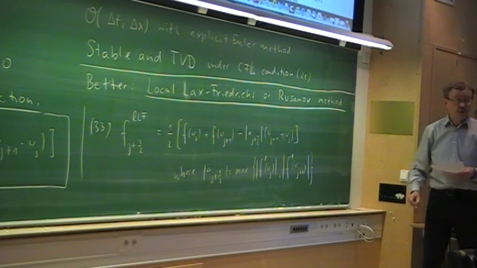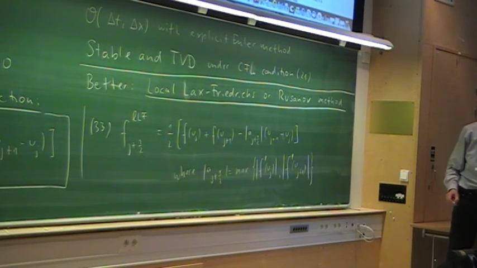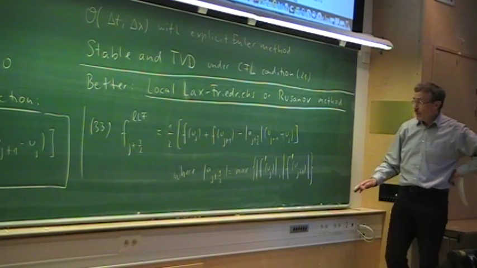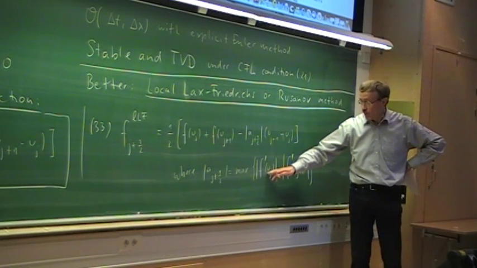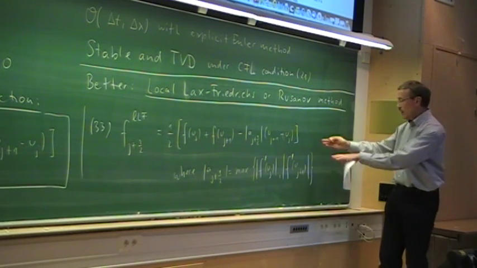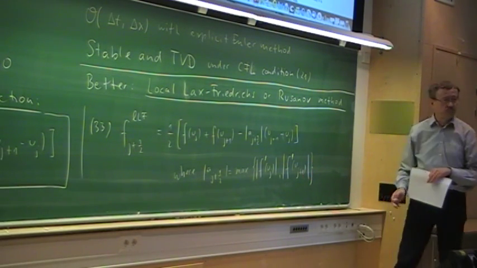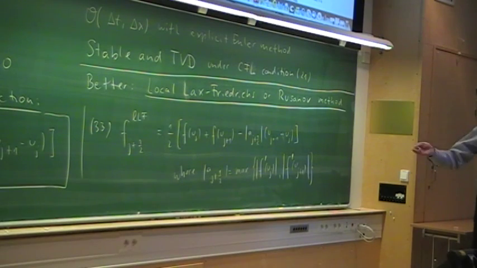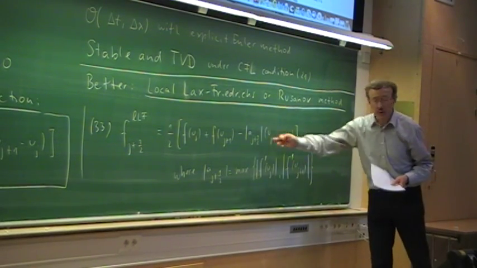So for the inviscid Burgers equation, this would simply mean that we take the maximum of the modulus of u_j and the modulus of u_{j+1}. And the one that is largest, we take as the value that we use here.